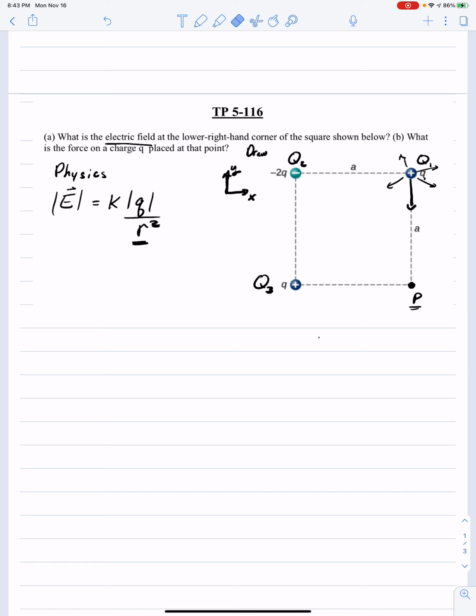I'm going to erase the other one so you don't get confused. This is the only electric field line that is going straight to P.